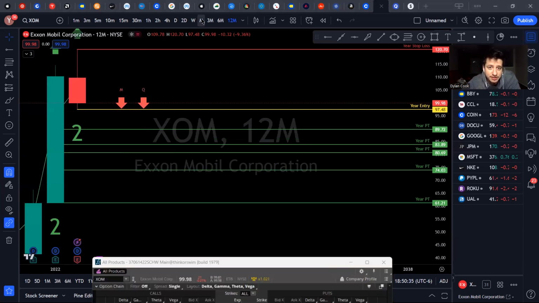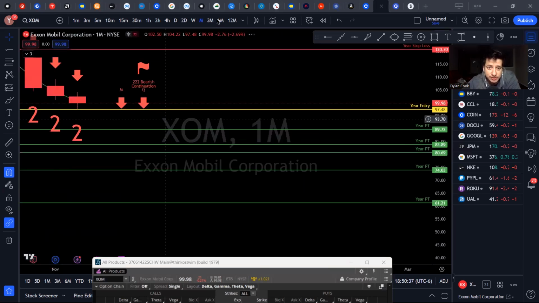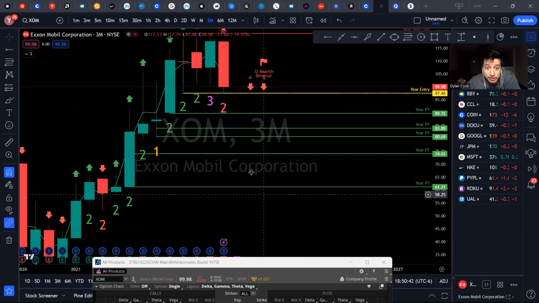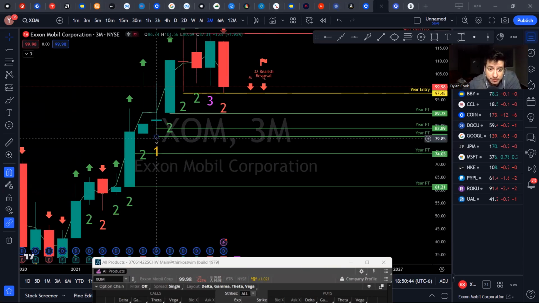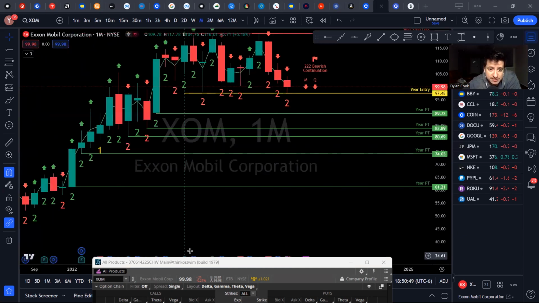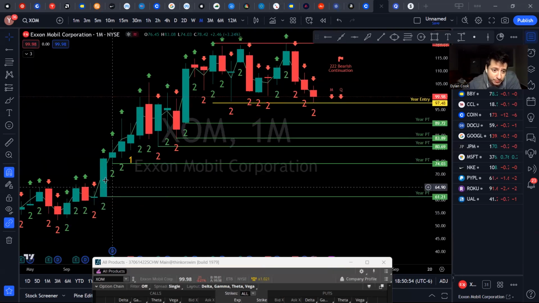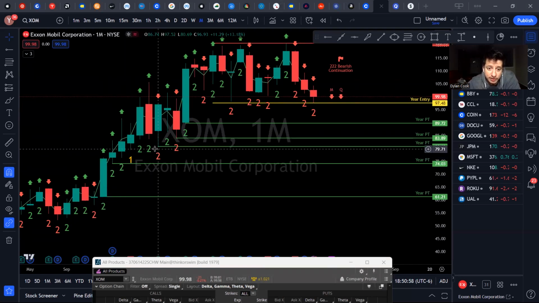On the yearly, let's go ahead and check out the price targets starting from the quarterly time frames. We have the bottom of this 2, the bottom of this 1, the bottom of this 2. Now there is some in betweens as well. By going into the monthly, we can see right in here and right in here where there's some wicks. Now we do have some classic steps here, right? So that's why we're just following along with this.